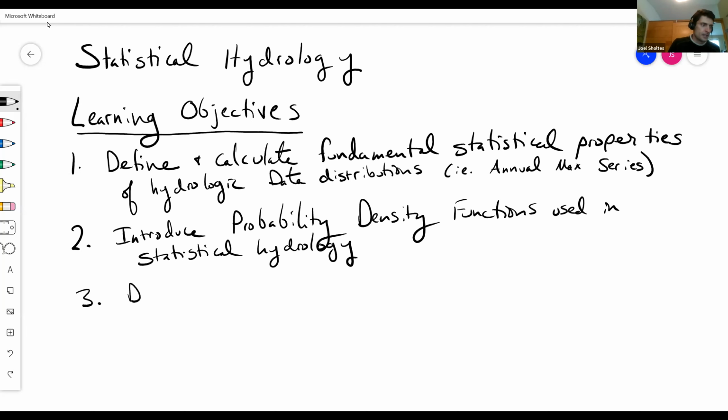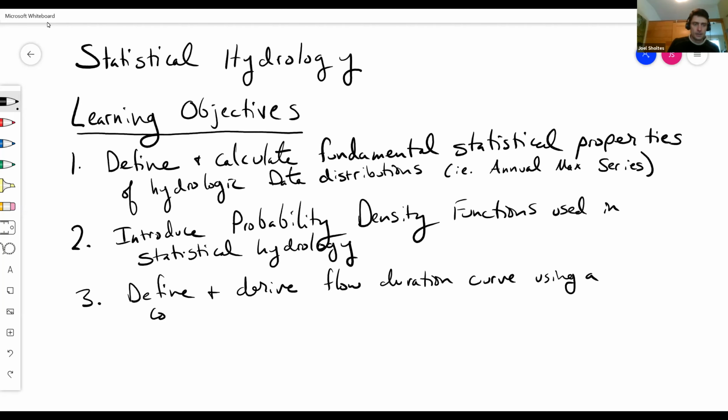And then we will define and derive a flow duration curve using a complete data series. So remember, the partial duration series is just part of a data series.